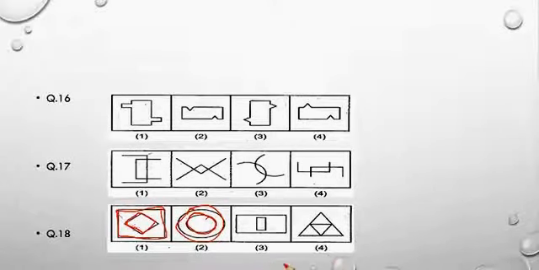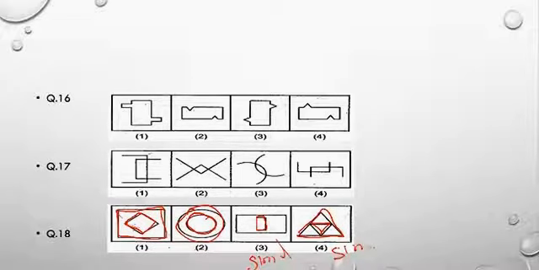Let's check the problem figure 3 designs. The outer design is a rectangle and the inside design is also a rectangle. So both the designs are similar. In case of problem figure 4, the outer design is a triangle and the inside design is also a triangle, which are also similar.